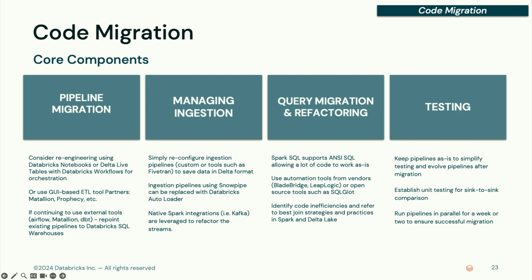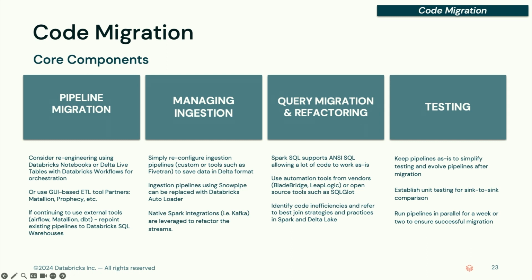And of course, if you have existing investments in the Matillions, the Fivetrans of the world, continue using them, allow them to be the ingestion or transformation tools into the Lakehouse, and then make sure they just work with Databricks. It's usually a pretty easy transition when you do that. Now, if you are using Snowpipe in Snowflake as an example, that's actually a pretty easy transition into Autoloader. It's a very similar concept, and that really allows you to kickstart your pipelines with DLT and things like that.